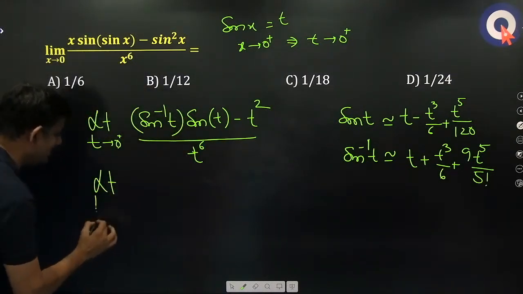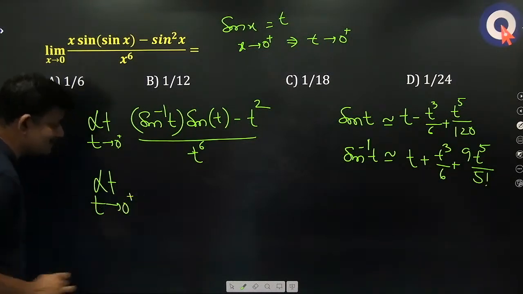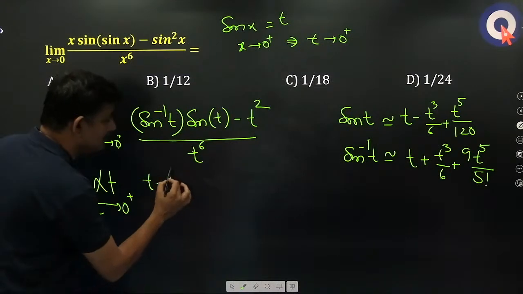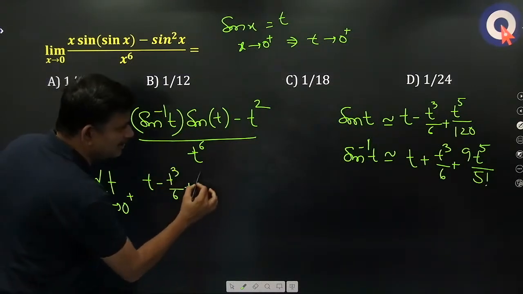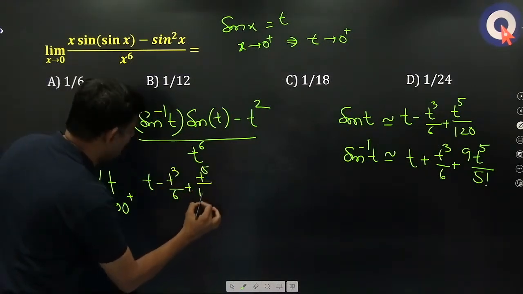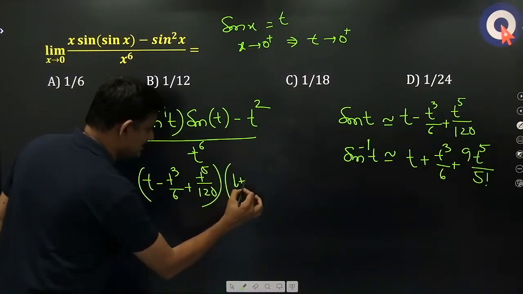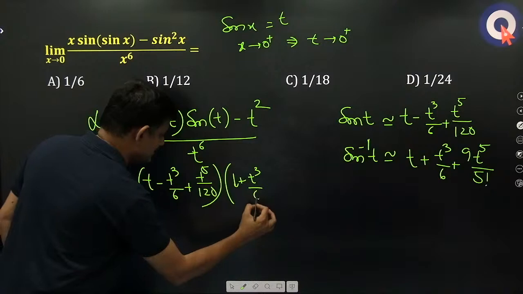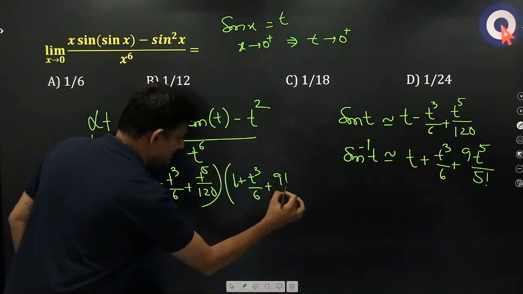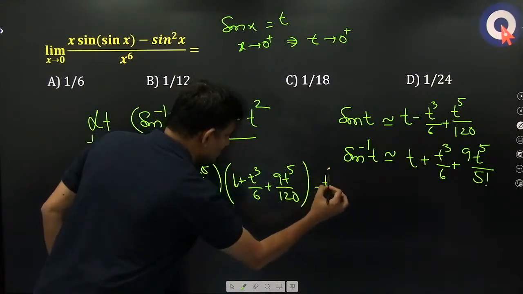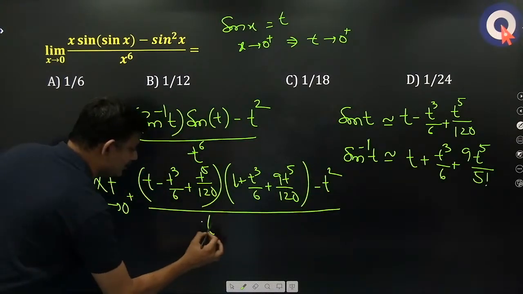This limit will be limit t tending to 0 plus t minus t cube by 6 plus t power 5 by 120 multiplied by t minus t plus t cube by 6 plus 9 t power 5 by 120 minus t square, divided by t power 6.